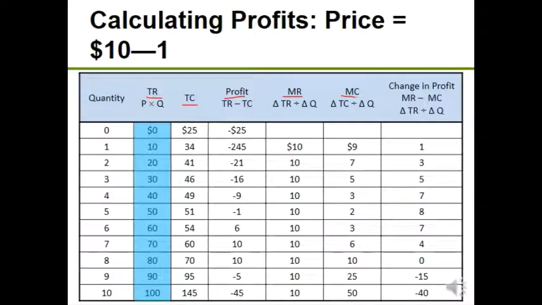And since we have total costs, we can also calculate profit. Remember, total costs is just variable costs plus fixed costs. So even when we're not producing anything, we're still paying that fixed cost, and as a result, we are operating at a loss.